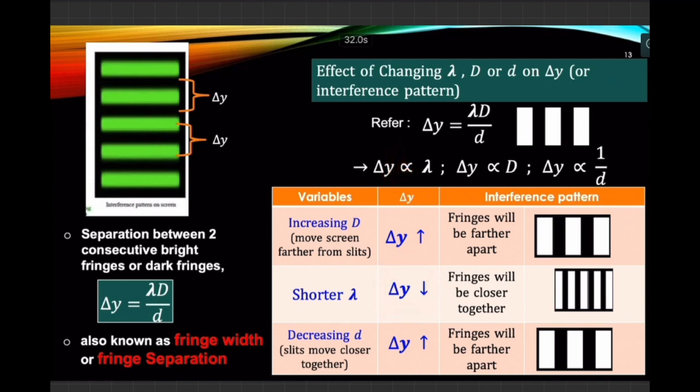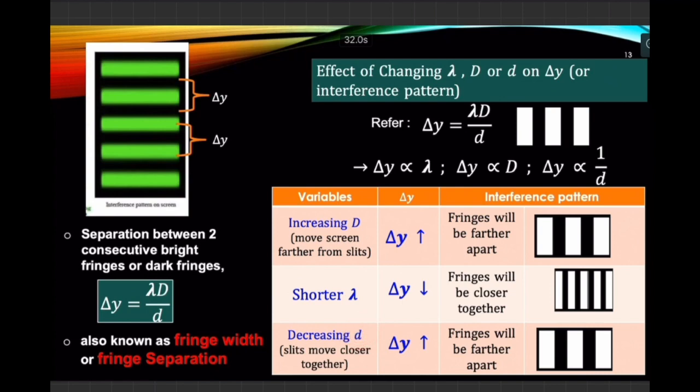What happens to the interference pattern? The fringes will be closer together. As you can see, the fringes between dark to dark, bright to bright are closer.